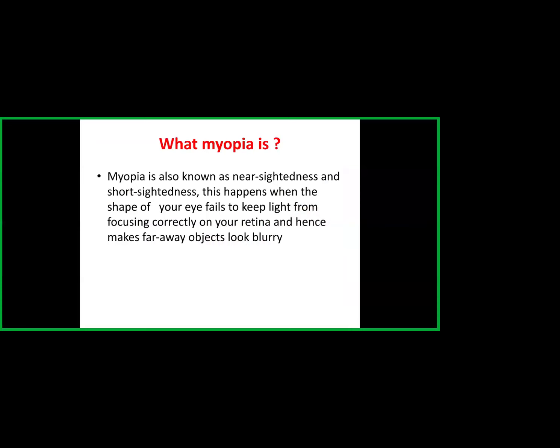First we'll go to an overview of eye anatomy. The eye is a complex organ responsible for vision. It is approximately 2.5 centimeters in diameter. It has three main layers: the fibrous tunic layer, the vascular layer, and the neural tunic layer.